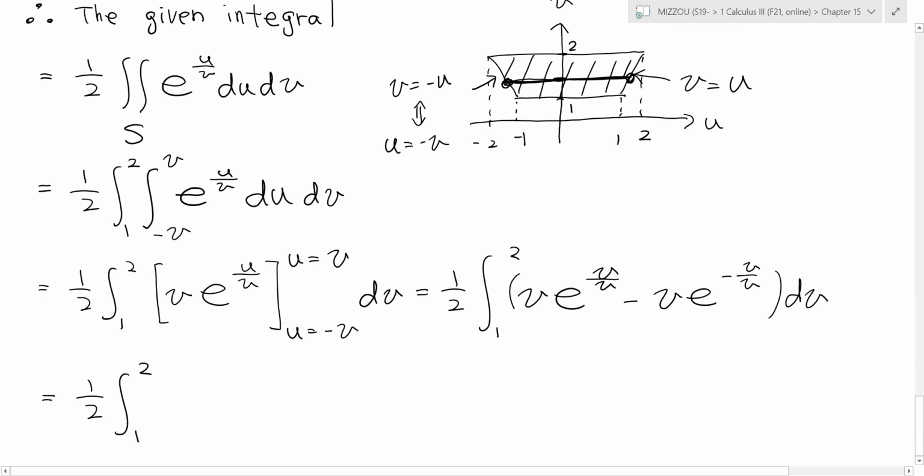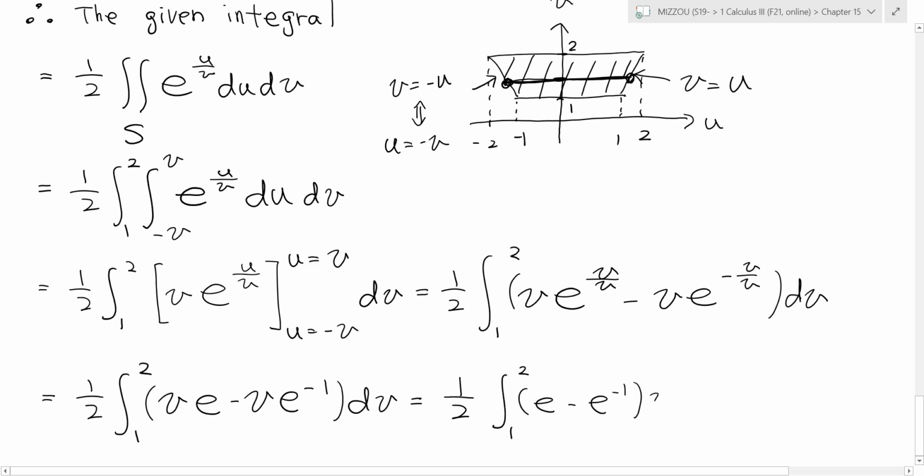But v over v is 1, so this is equal to 1/2 integral from 1 to 2 of v e minus v e to the power of negative 1 dv. E is just a constant, so you can factor it out like this. This is indeed just a number.